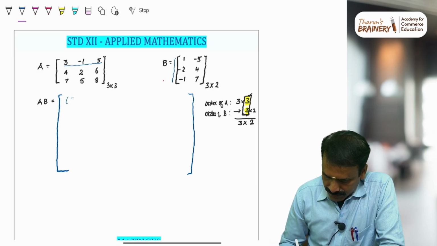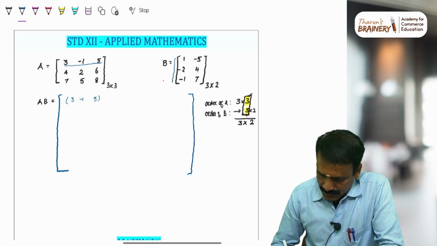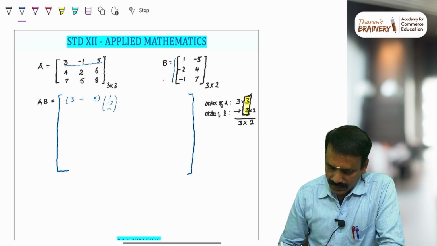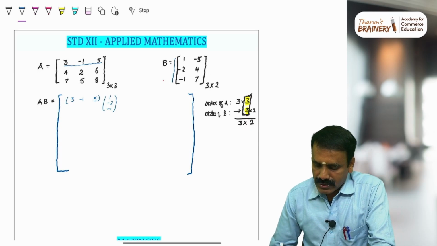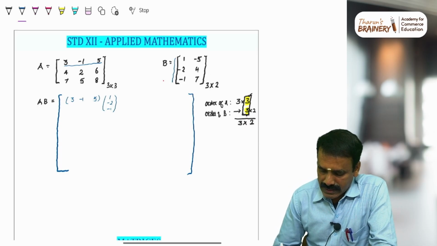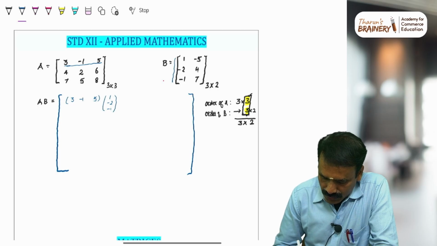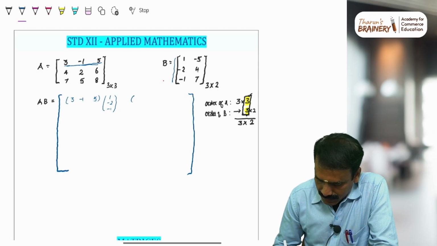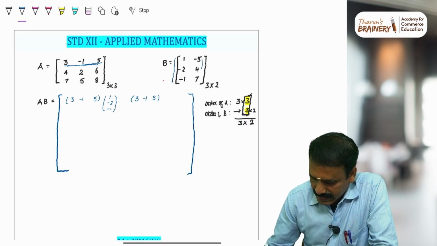First row is 3, minus 1, 5. First column is 1, minus 2, minus 1. Next, first row, second column, correct? The first row is 3, minus 1, 5. What is the second column? This is your second column, so this is minus 5, 4, 7.